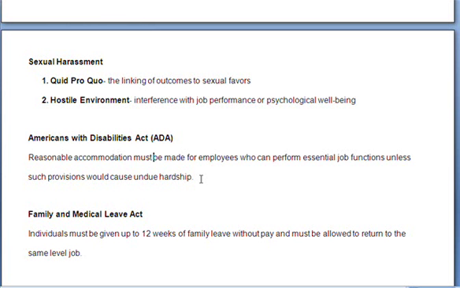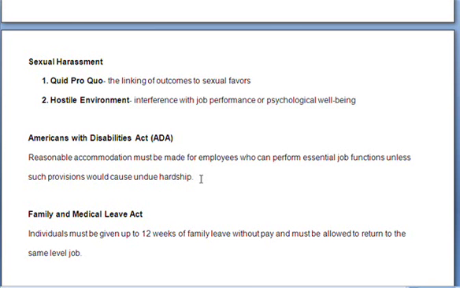Lastly, you see there Family and Medical Leave Act. Individuals must be given up to 12 weeks of family leave without pay and must be allowed to return to the same level job. An employee has to have worked at the organization for a year. There are some caveats to that, but generally must have worked there for a year before the 12 weeks can be taken.